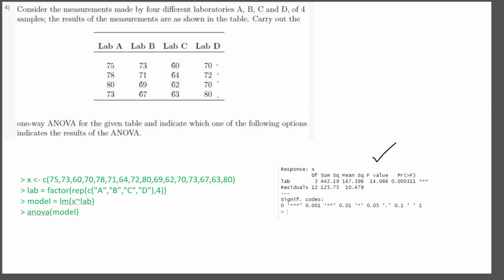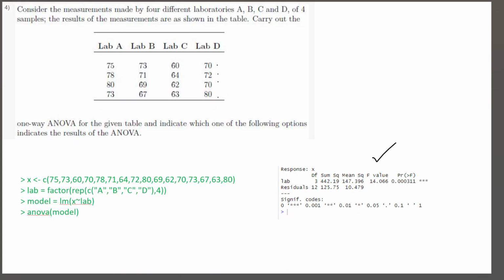Let's take the fourth question as an example.